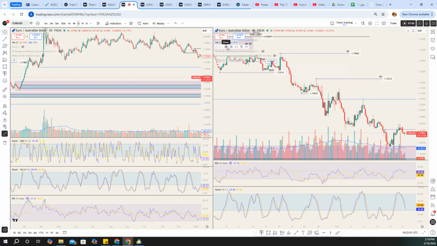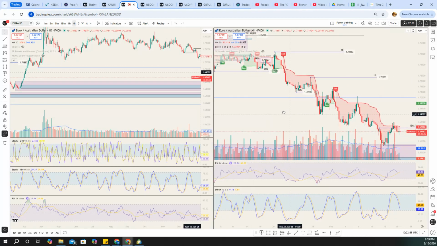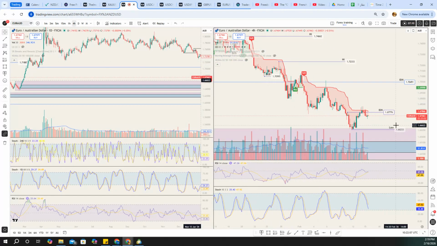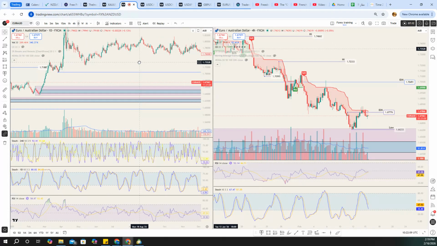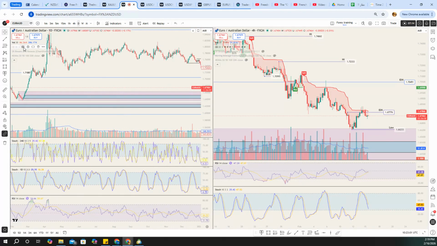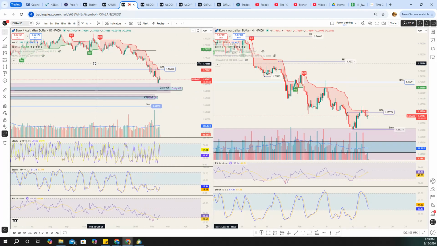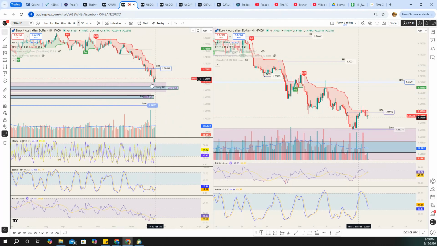So let's see the Chandelier Exit. This is a sell as well. There is no indication of a buy here. Even though this is going up, we have selling pressure, especially what we're talking about when it comes to the RSI.